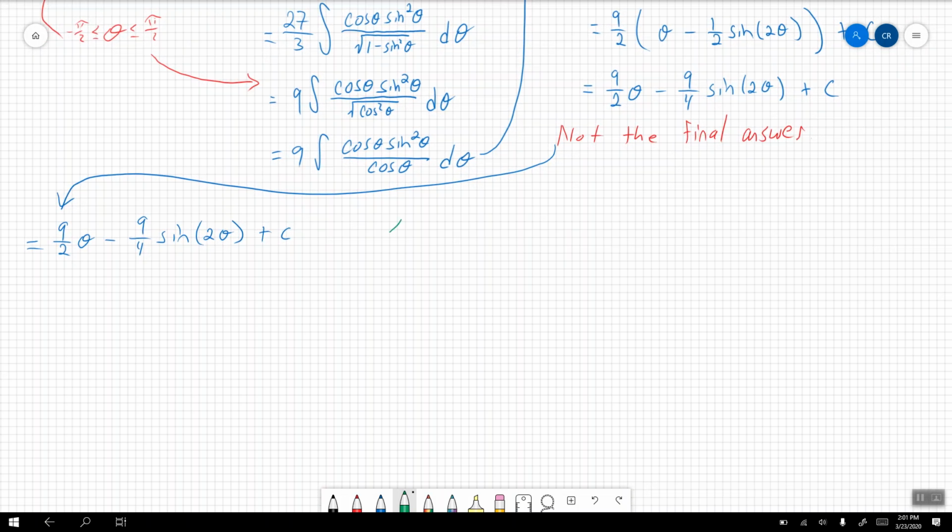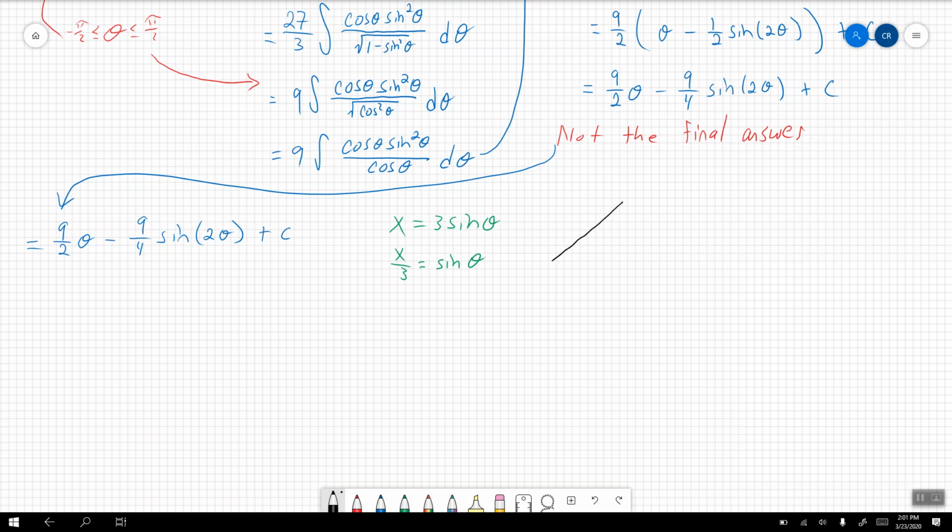The reason I'm going to use this is because this substitution gives me what I need for theta. Look at what it gives me here: sine of theta is equal to x over 3.